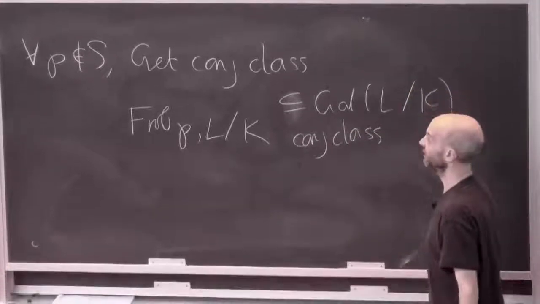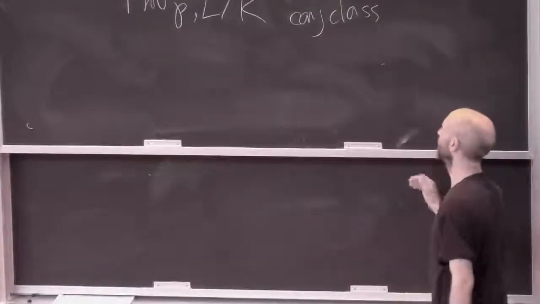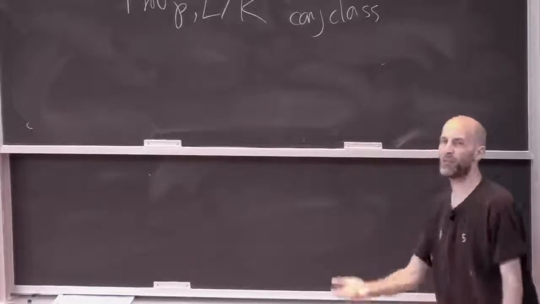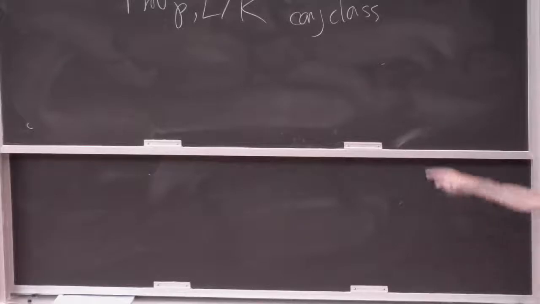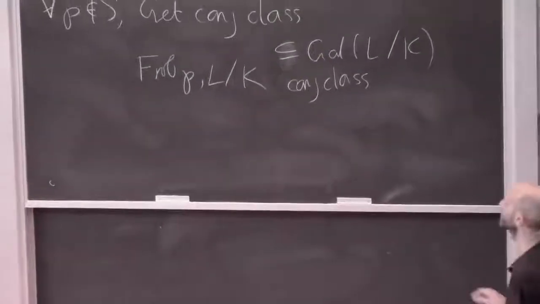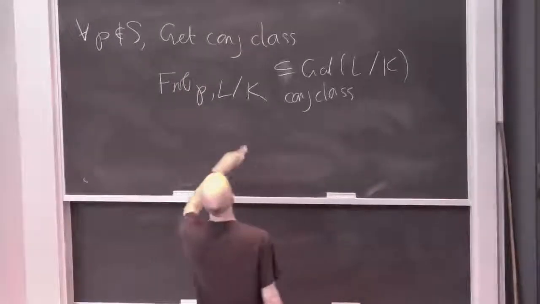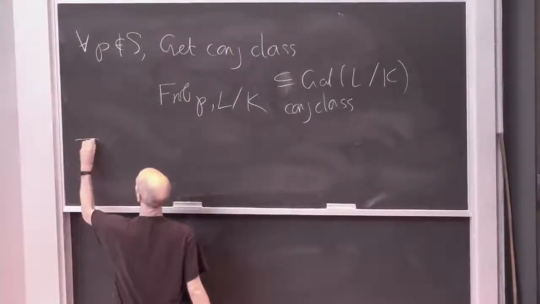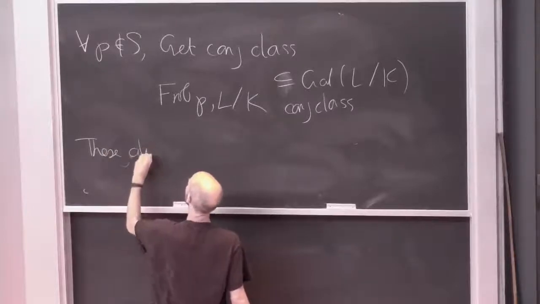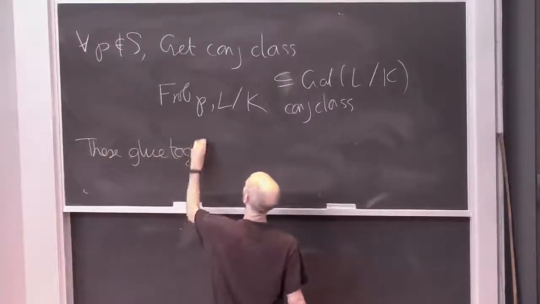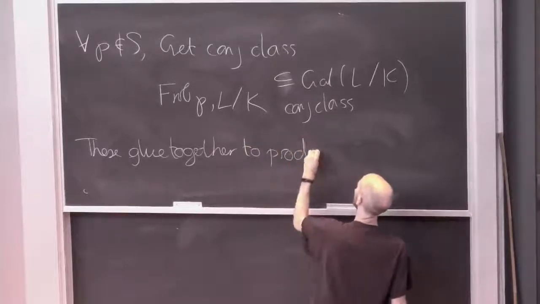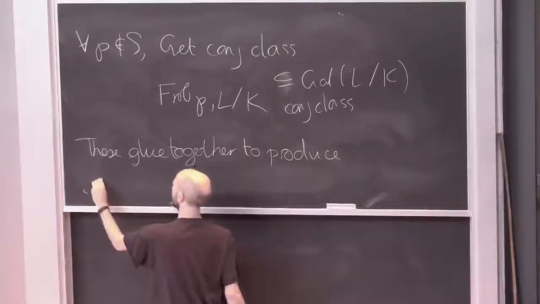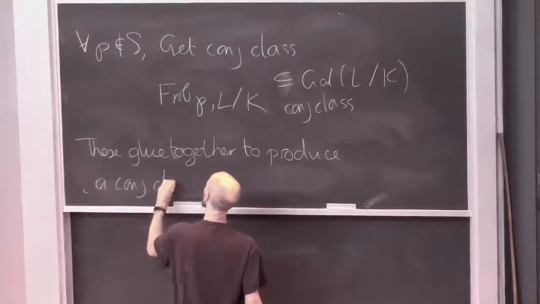And these conjugacy classes glue together. It's one of these things. Do you remember I talked about this: if you believe that the inertia subgroup with its upper numbering filtration glues together well, then surely you'll believe that Frobenius elements glue together well, because that's a rather easier thing. We get some conjugacy class here, and these glue together to produce a conjugacy class.